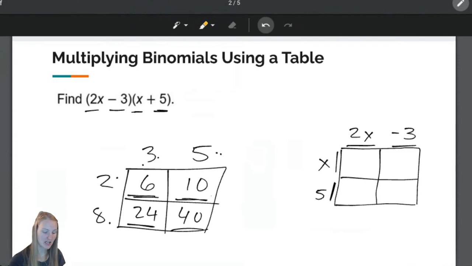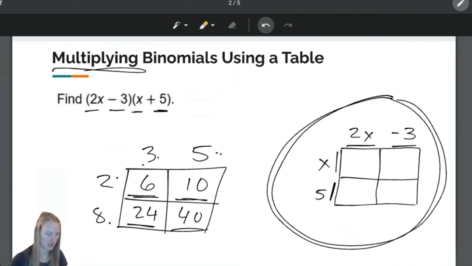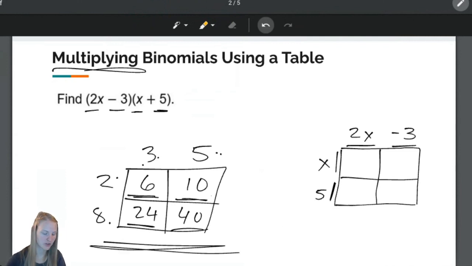So this is also a table that we're going to use to multiply. We're multiplying binomials, so we're going to do the same thing, but in this box, I'm going to multiply x times 2x, because those are both of the boxes that come into this box. So 2x times x is 2x squared.